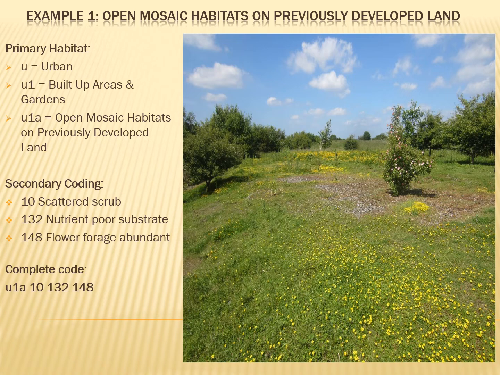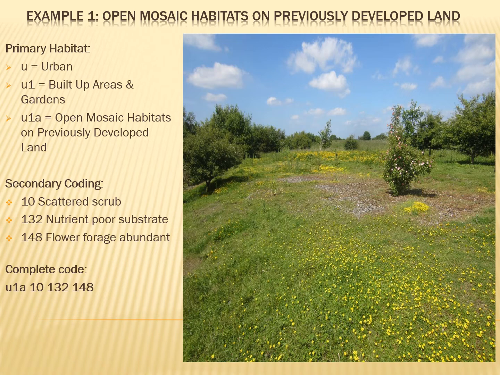Here are a set of examples of landscape areas that have been coded using the UK habitat method. This is an example of open mosaic habitats on previously developed land, which includes post-industrial sites such as reclaimed quarries, dismantled railway lines, etc. As you can see, the primary habitat is U for urban, for built-up areas and gardens at level 2, and level 3, it's an open mosaic habitat on previously developed land.